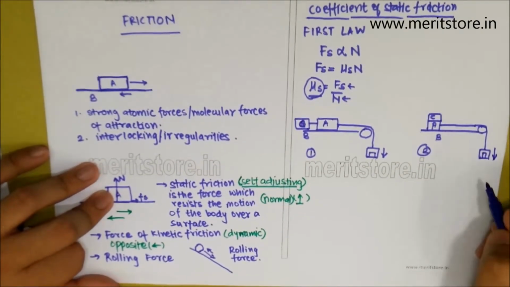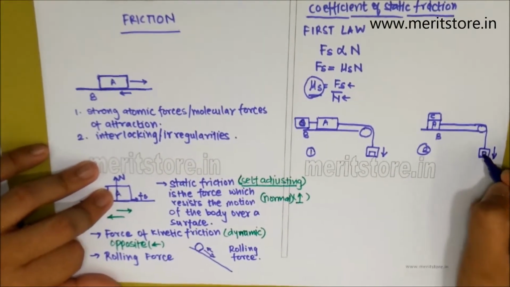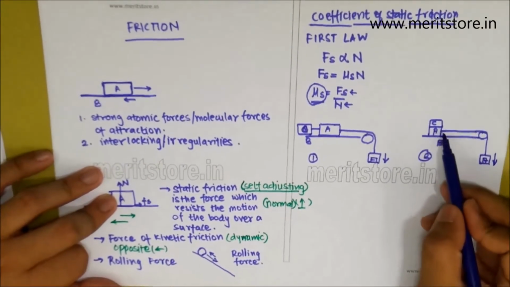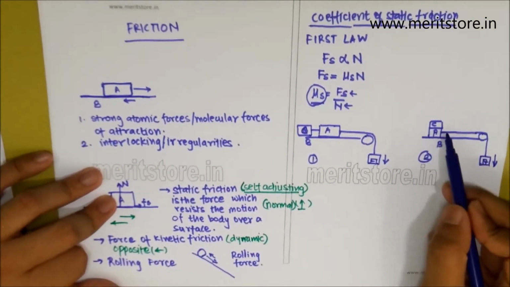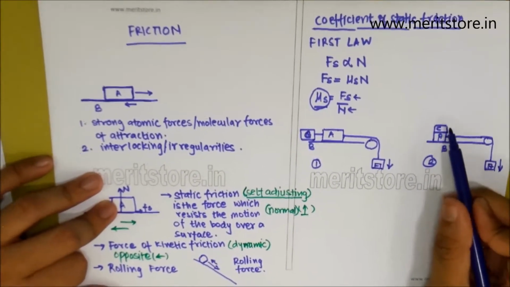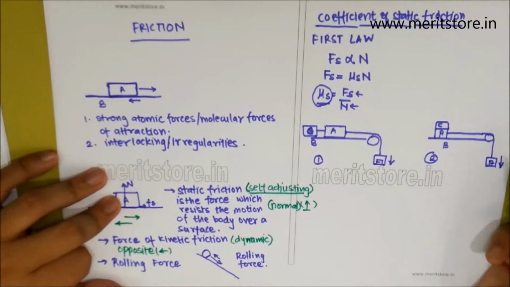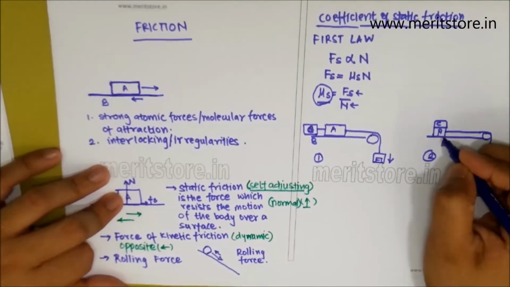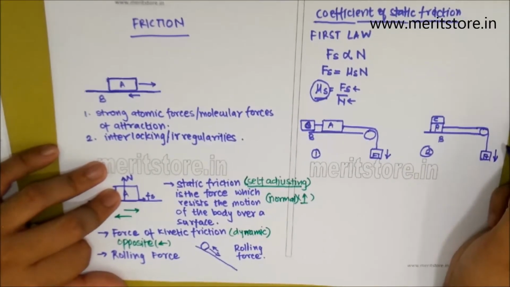And here I apply my force with the weights. So what exactly is happening here? The normal force will tend to oppose the motion of body A and body C, that is the weights of body A and body C. And once we overcome the limiting force of static friction, body A and body C will tend to move.